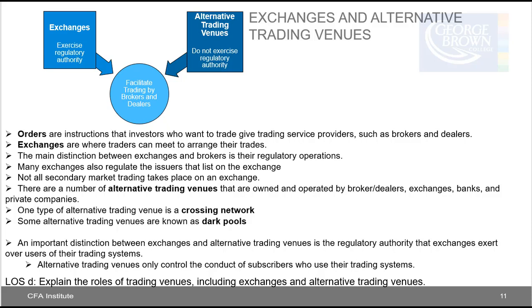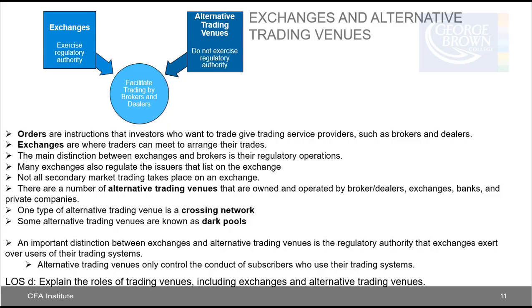Alternative trading venues: not all secondary market trading takes place on an exchange. There are a number of alternative trading venues that are owned and operated by brokers, dealers, exchanges, banks, and private companies. These venues can take many different forms and may be called by many different names. In the United States, such venues are generally referred to as alternative trading systems, whereas in Europe they are commonly called multilateral trading facilities.